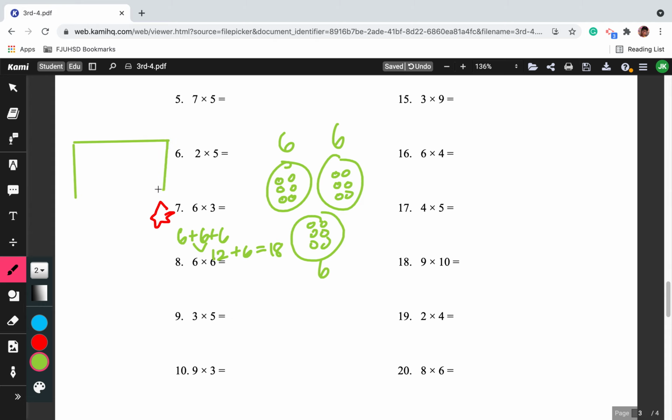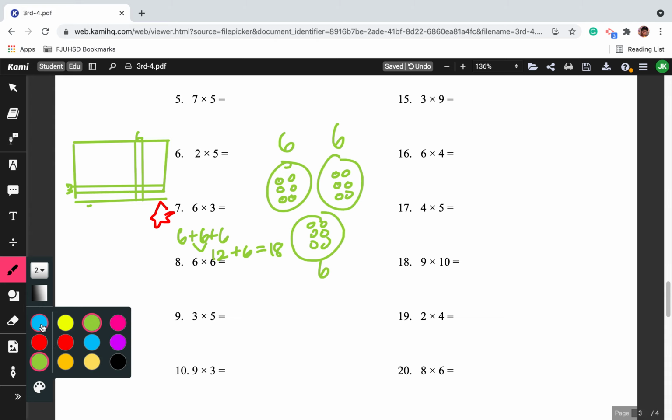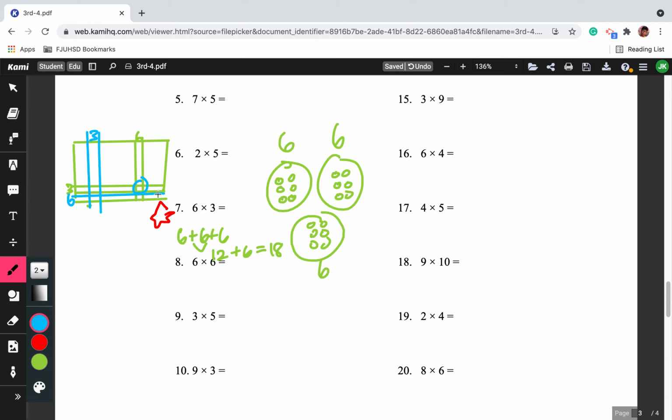Another way is if you look at your multiplication tables, you could find the number by finding the column of 6 and the row of 3 and finding the intersection. Or you could find the column of 3 and then the row of 6, because multiplication is commutative, so order does not matter.